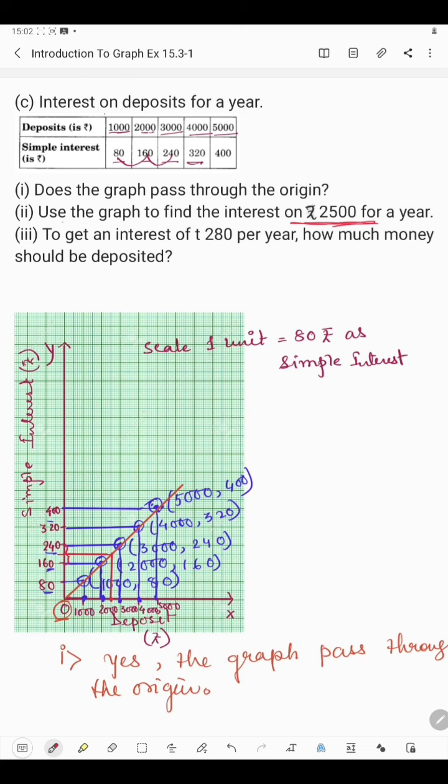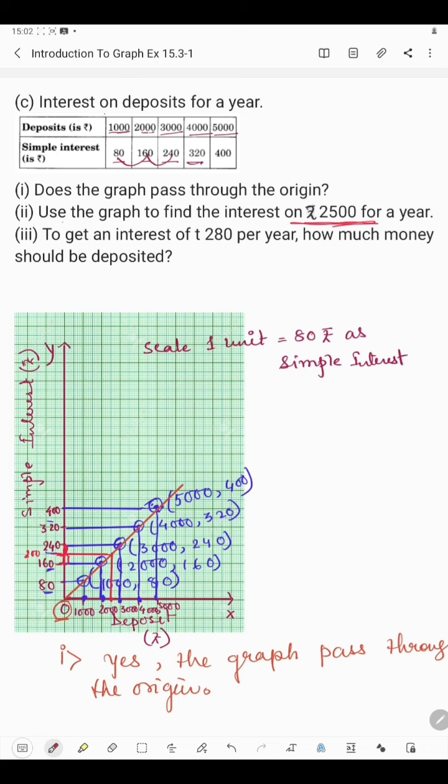And since we have to find the number exactly in between, we divide 80 by 2, since we are finding the distance exactly in between, so it will be 40. Half of 80 is 40. So here is 160. So 160 plus 40 will be 200. Again 200 plus 40 is 240.